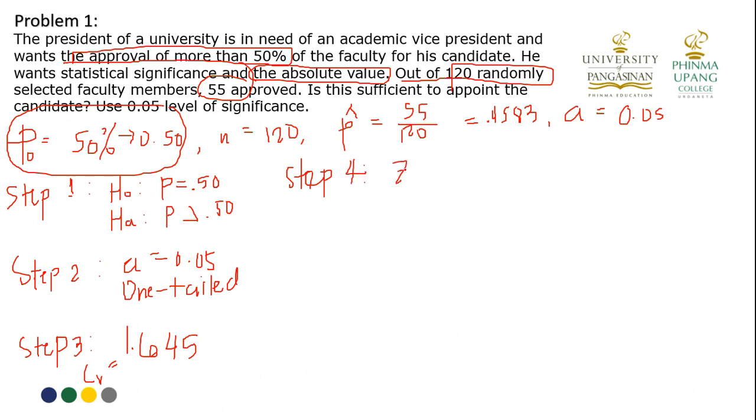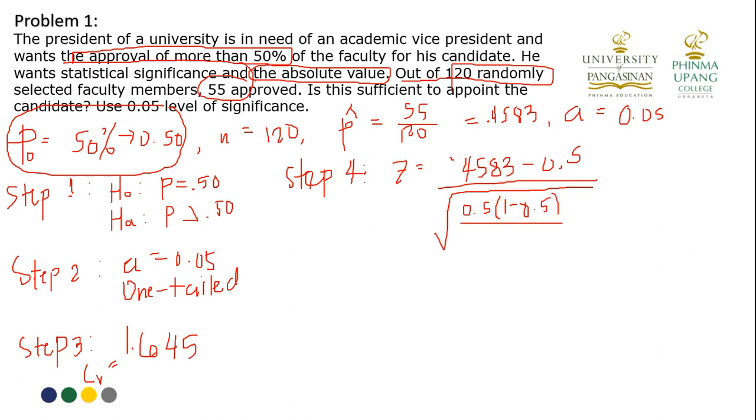Step number 4, we're going to solve na po si proportion. Ang P hat natin is 0.4583 minus 0.5 over the square root of 0.5 times 1 minus 0.5, all over yung n natin dito is 120.